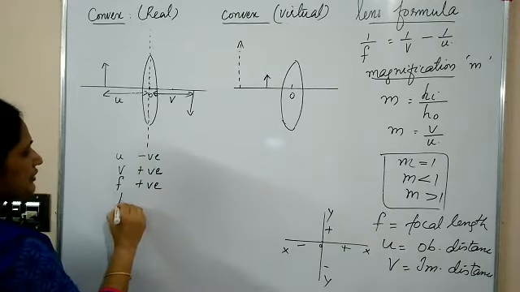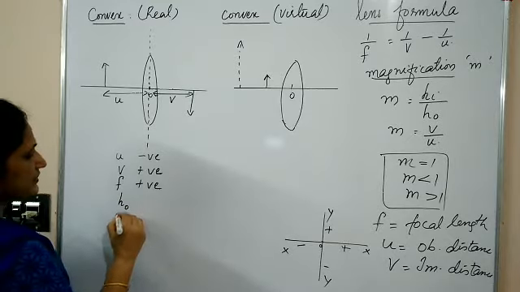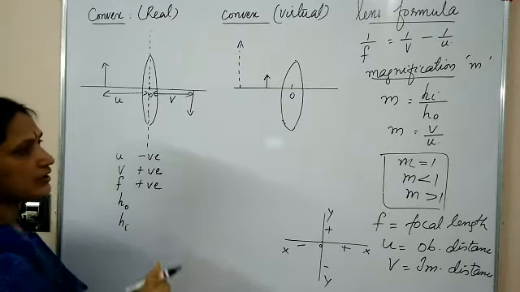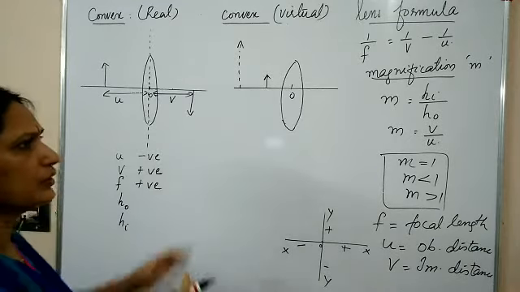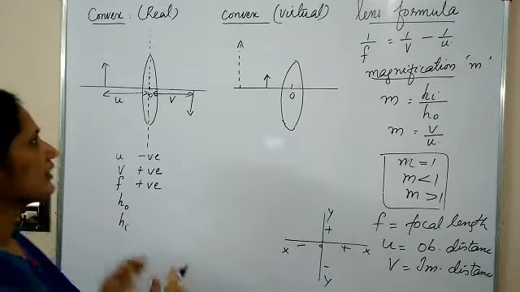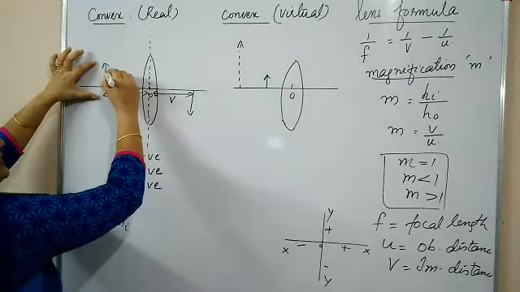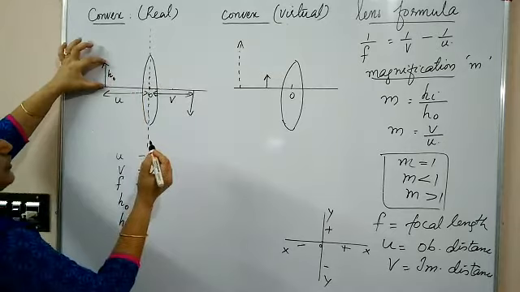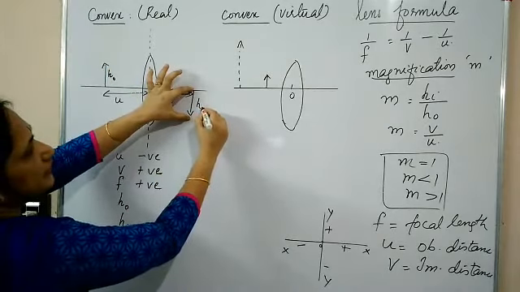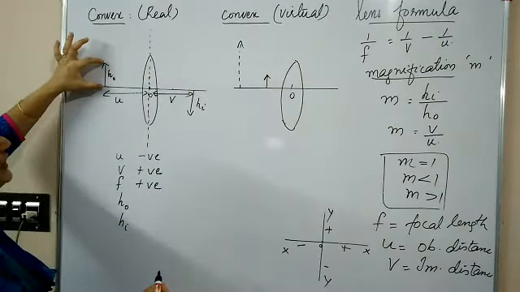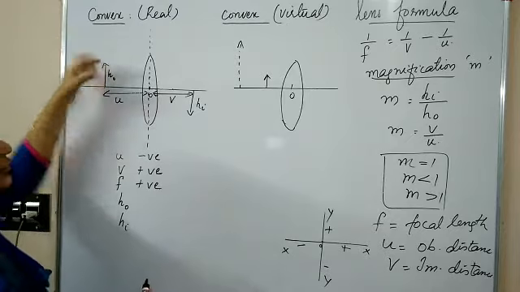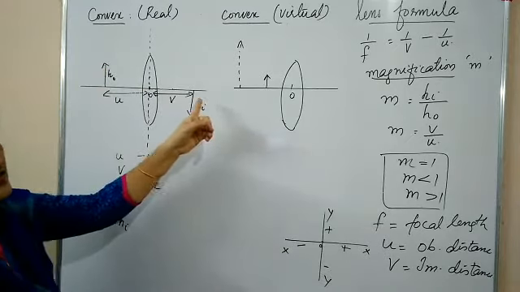Then the height of the object and the height of the image must also have signs. All the terms have signs. This is the height of the object, and this is the height of the image. These are vertical distances. U and V are horizontal distances.